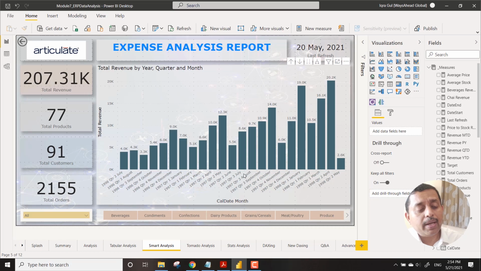But here Power BI is saying that before even going to the board meeting, I can give you some live results. Many people ask me whether these insights can be taken as a printout or a screenshot.